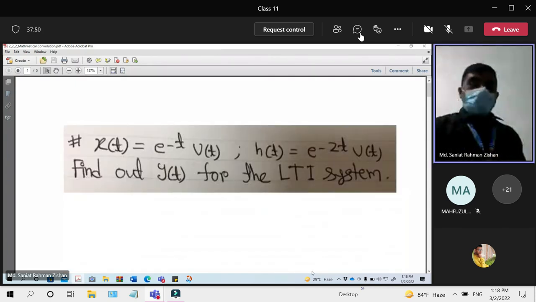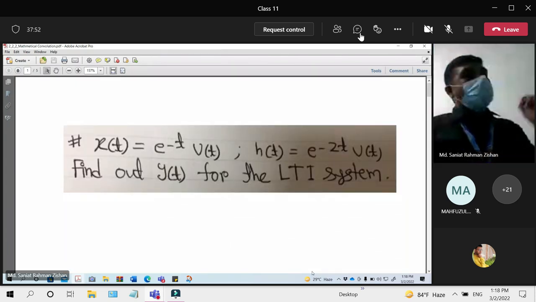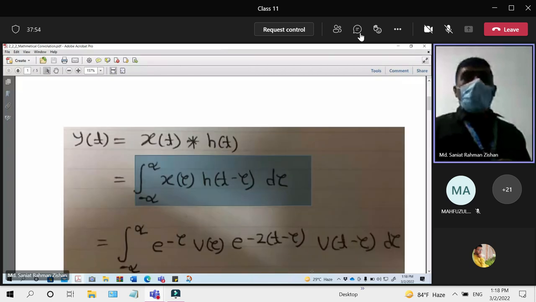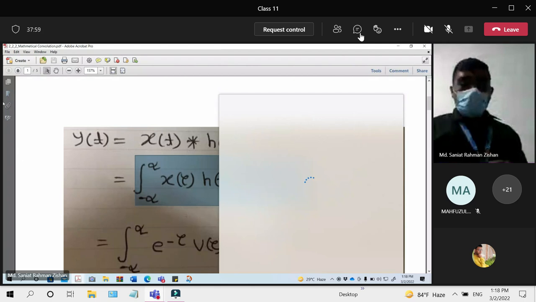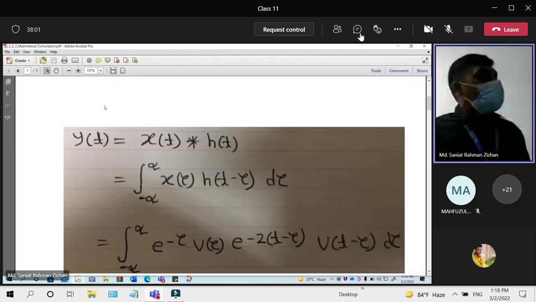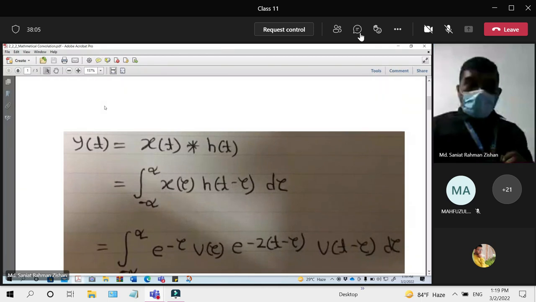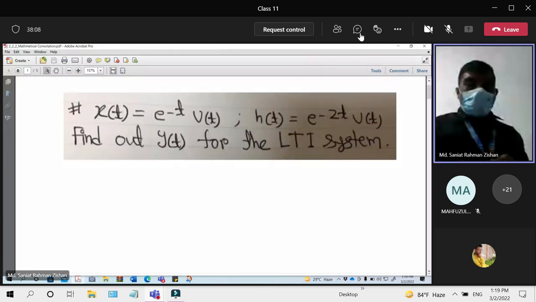So in this case, xt is given, ht is given, but in the formula there is x tau and ht minus tau. xt is already given.